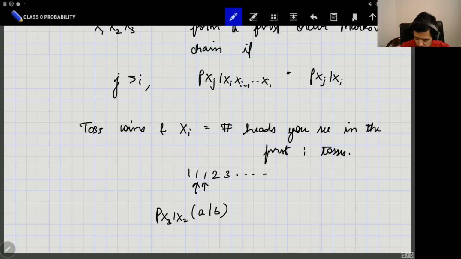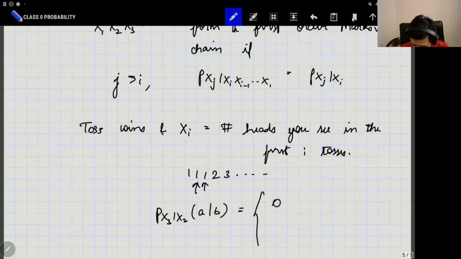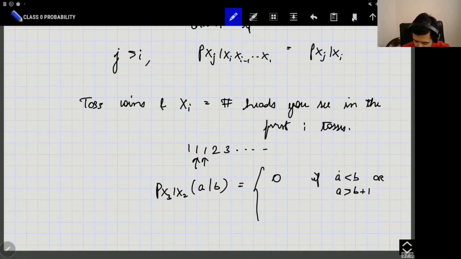Okay, so note that if x2 is equal to b, then x3 can at most be either equal to b or b plus 1. It can't be anything else. So the probability that x3 equals a given x2 equals b is 0 if a is less than b or a is greater than b plus 1. So we can immediately rule that out.